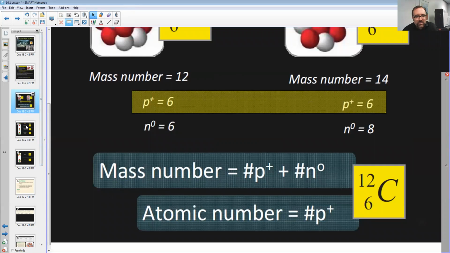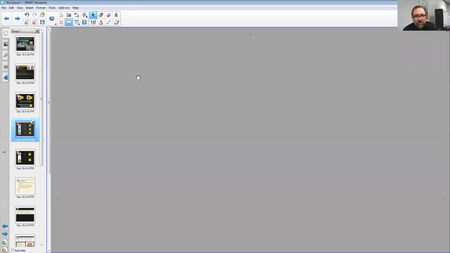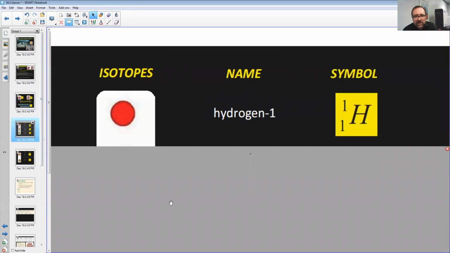With that, let's move on to another example. In this case, let's look at hydrogen 1. Hydrogen 1 must mean an atomic number of 1, and the proton number is 1. So there is only 1 proton and no neutrons in this case, because it has the same number.